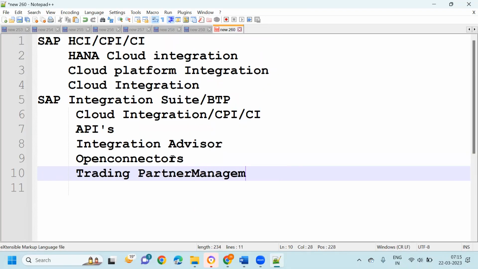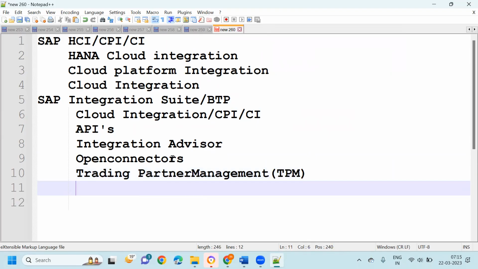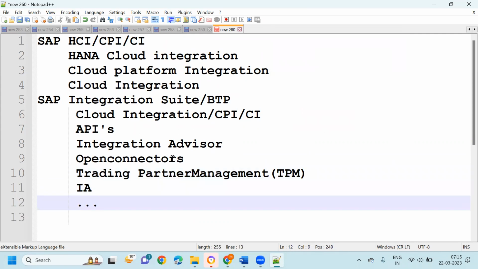That is called TPM, like that we can define it here. The next one is Integration Assessment, IA. Like that we have multiple capabilities here.